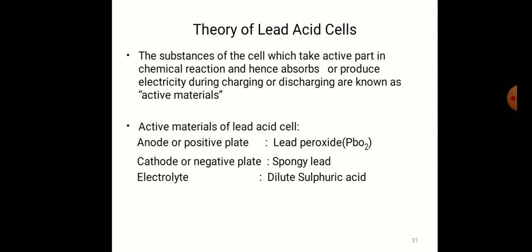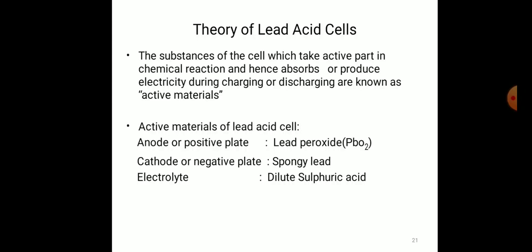What is the importance of the active materials? These active materials have the capacity of absorbing or producing electricity during charging or discharging. So we try to find the active materials.